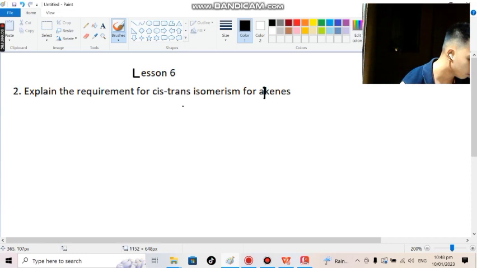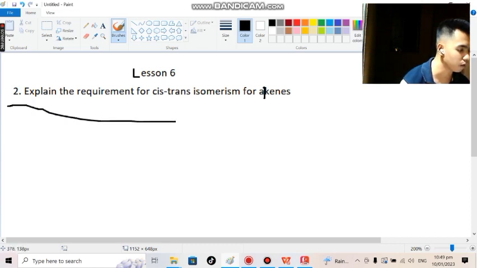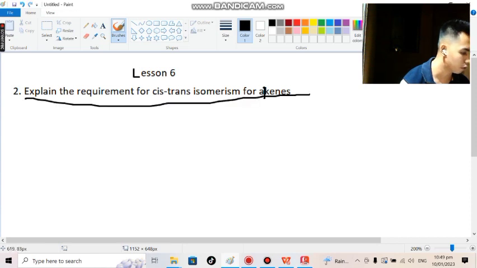To be able to identify cis or trans isomerism in an alkene, we need to observe two different groups on either end of the double bond. If the alkene only has identical groups or atom substituents on both ends of the bond, then it would not be possible to have cis-trans isomerism. So I'm going to provide you with an example.